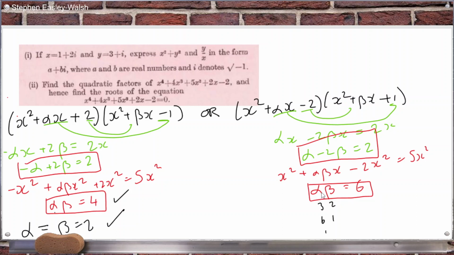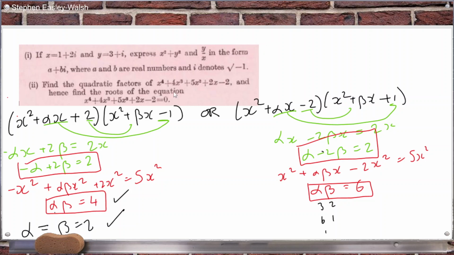Oh, well, I guess you could have the negatives as well, couldn't you? Like minus 3 plus 4, no. And then minus 2 plus 6, no. Now, I don't think this is going to work. I can't find integer solutions here. So I think alpha and beta are 2.